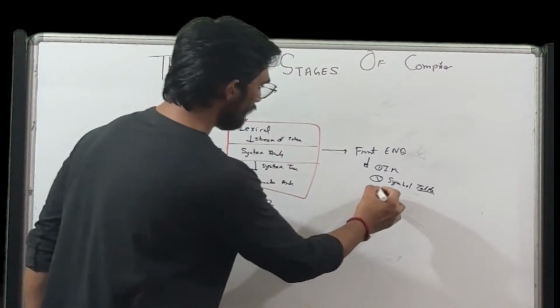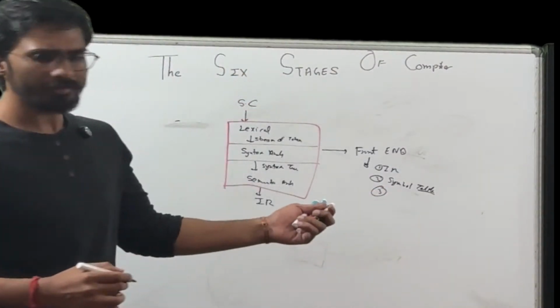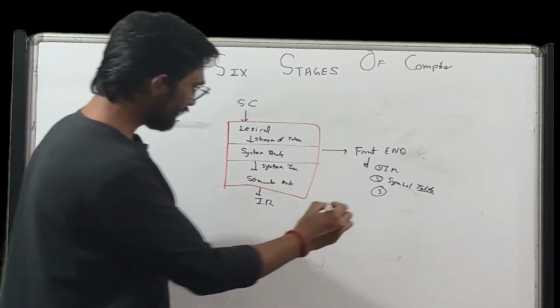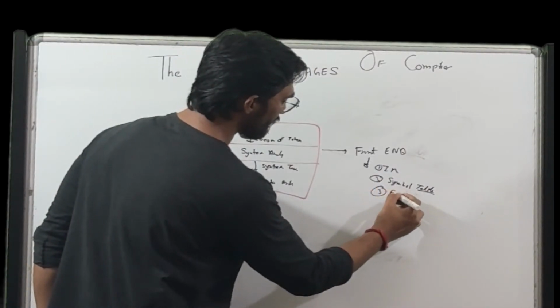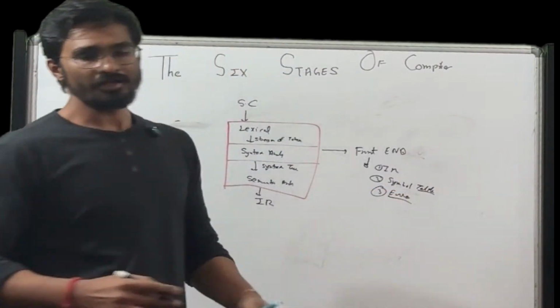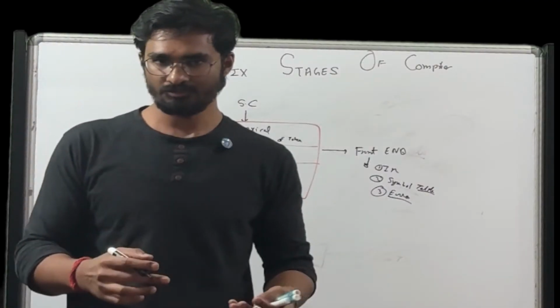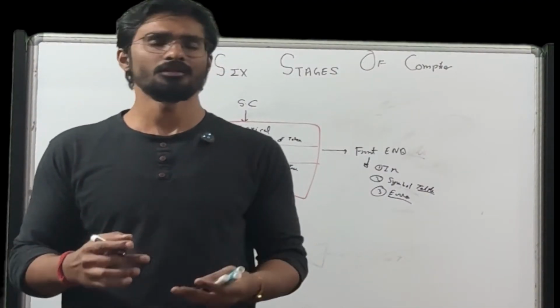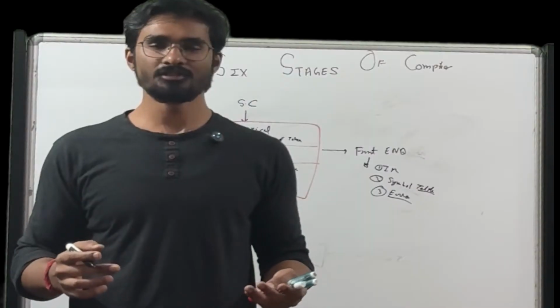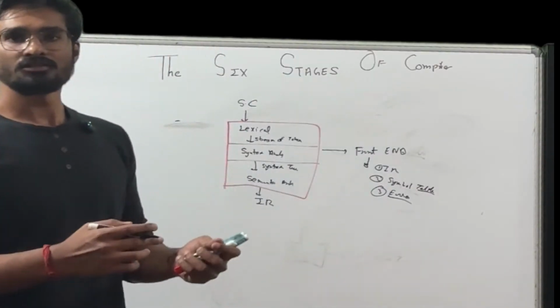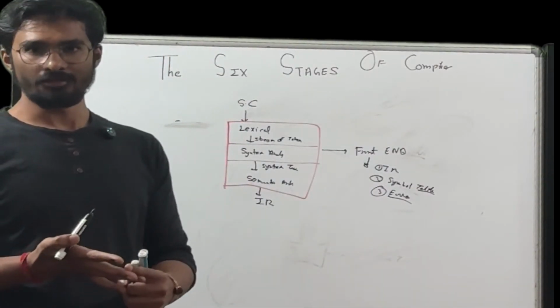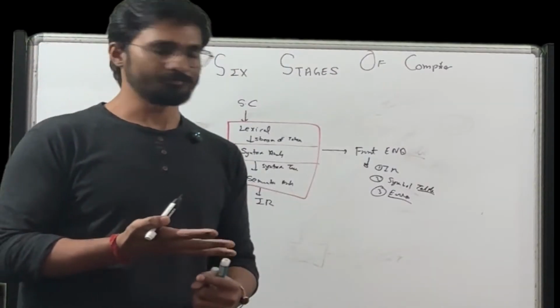And the third thing is that it will also give us errors. Let us suppose you write code that has some mistakes and your compiler is not able to give the error, then that compiler is not useful. It is just a stupid box. Because once you know the error, you can fix it. If you don't know the error, you can't fix it.